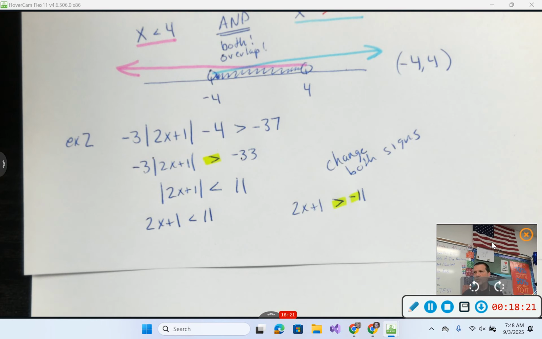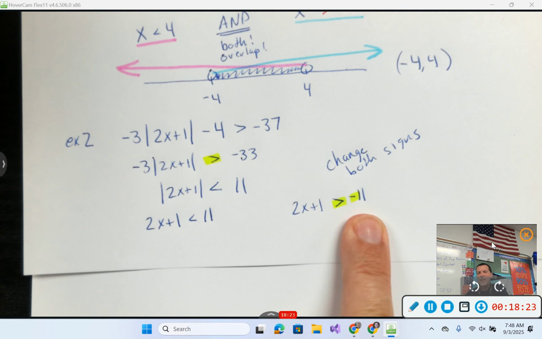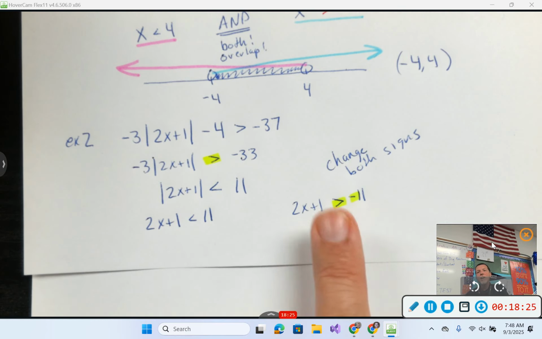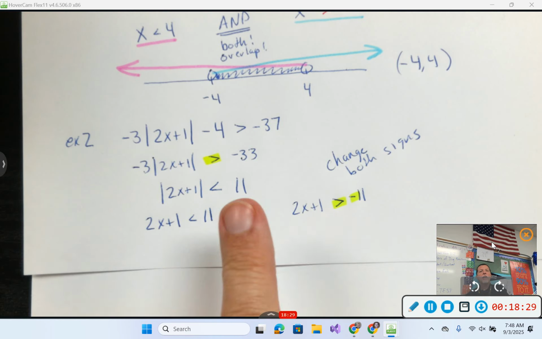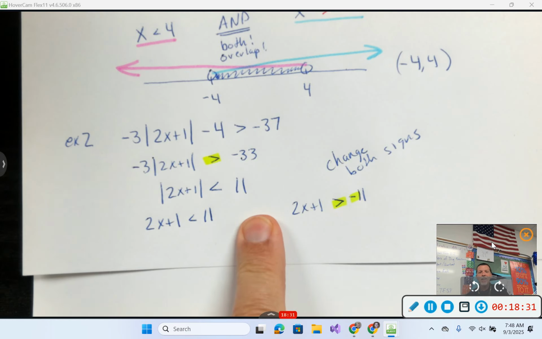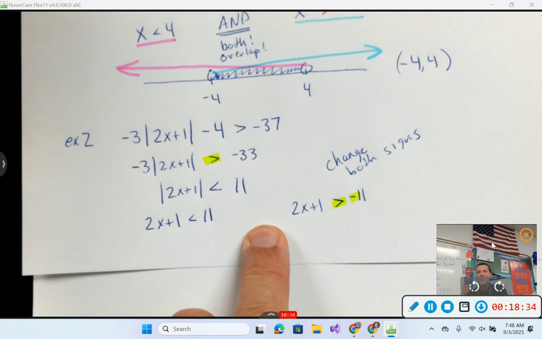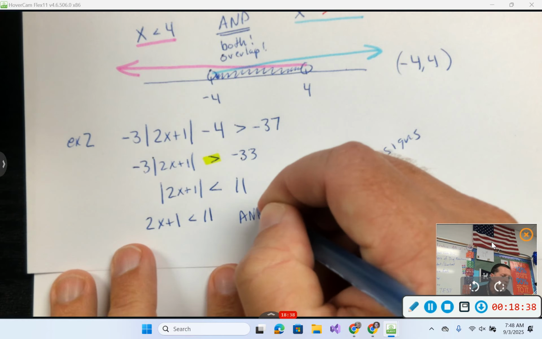So we switched it to negative. We're used to doing that part from the equation part. And then we also have to switch the inequality. This may not seem important now, but the word that goes in between there is very important. And I need both of these things to be true.